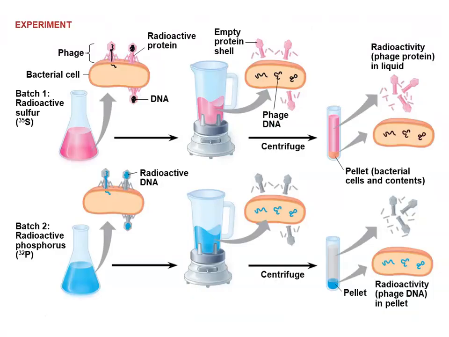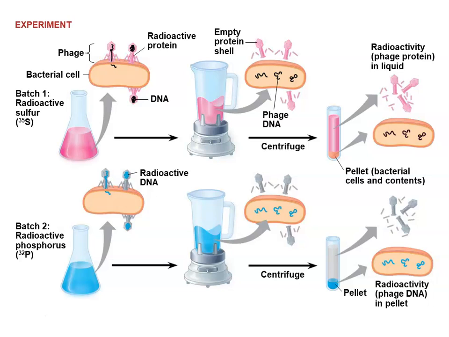And they did this with a couple of radioactive isotopes. So we've got radioactive sulfur, which is going to cause the protein to become radioactive. They give it an opportunity to enter the cell, and then they blended the phage and bacteria together, and they see that the radioactive protein was in the liquid and that the pellet contained the bacterial cells, so the protein had not entered the bacterial cells.